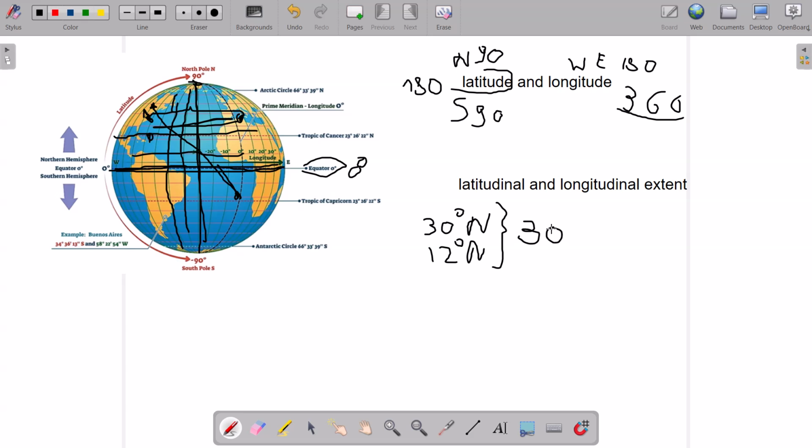So 30 minus 12 equals 18. So you already have your answer for such a problem. If it is the same hemisphere, you just subtract, and you know that the extent is equal to 18 degrees, right? Because both points are located on the northern hemisphere, so we subtract.